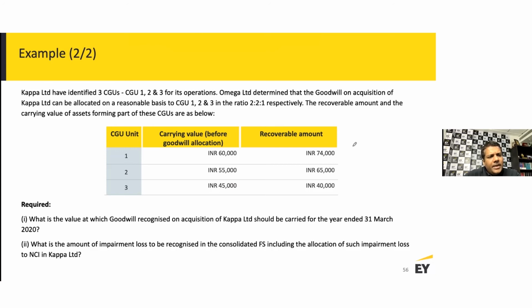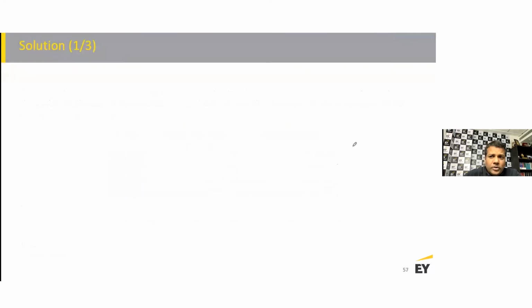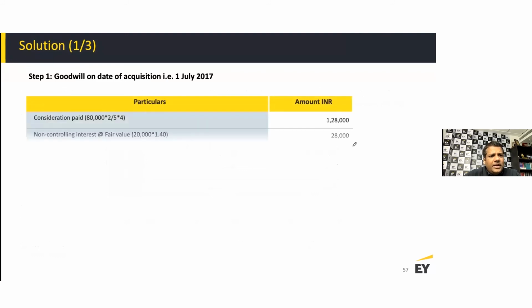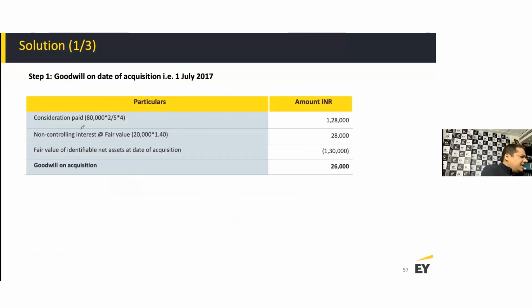All right. So first I need to determine the goodwill. How do I do that? As I said, first let's assess how many stock I need to issue, and I know the fair value of the stock. Stock issuance cost is debited, not capitalized. Similarly, the directly attributable cost is expensed as incurred. So goodwill: first, consideration paid, 80,000 into 2/5 into 4 is the value per share.